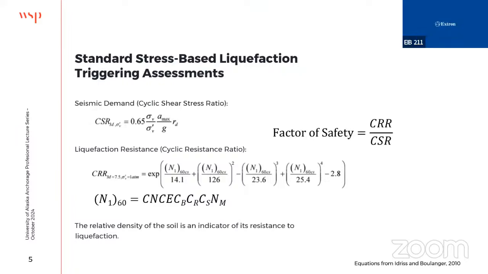And so there's this nasty equation here using the (N1)60 value. (N1)60 is a corrected blow count, right?